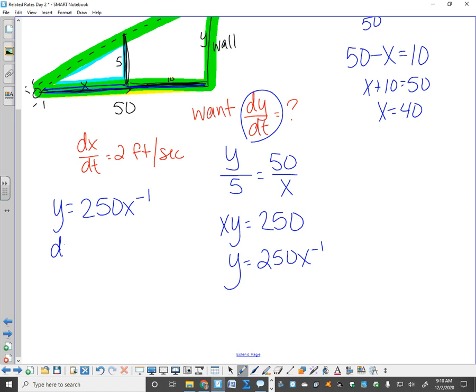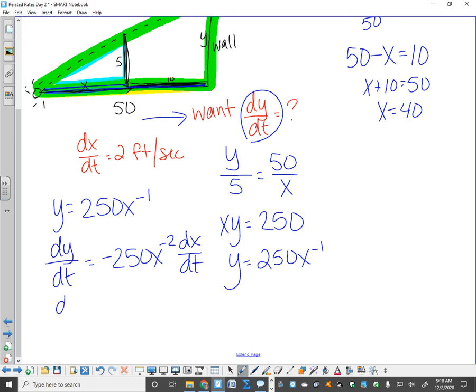So now I'm going to take the derivative, dy dt, which is good because, again, that's what I want. And that's why it's so important to write that, because you can get so bogged down in this. You're like, well, I don't even know what I'm looking for anymore. So it's very important to write that down from the beginning before you get knee deep into this problem. Let's see, negative 250x to the negative 2 dx dt.